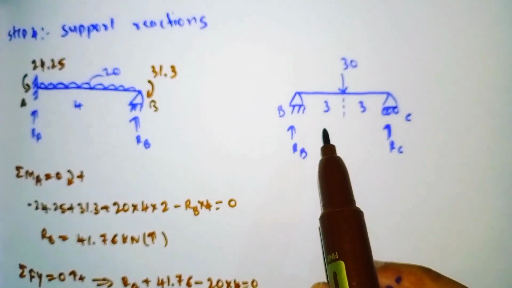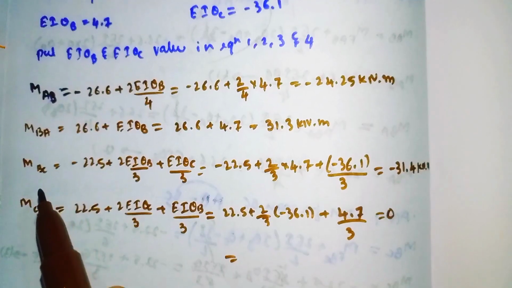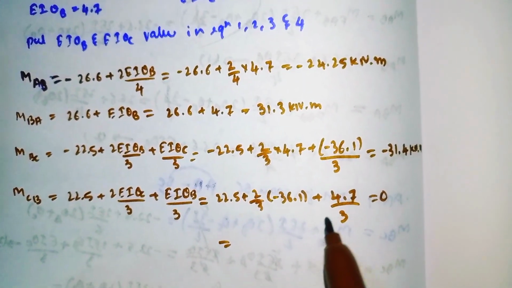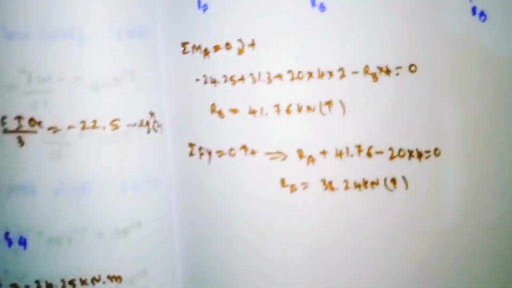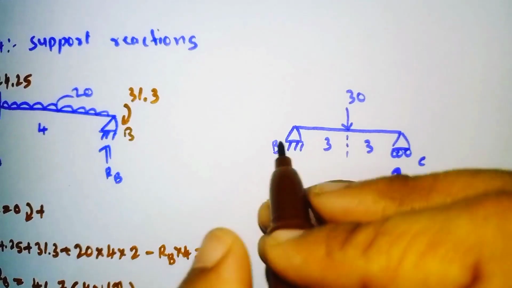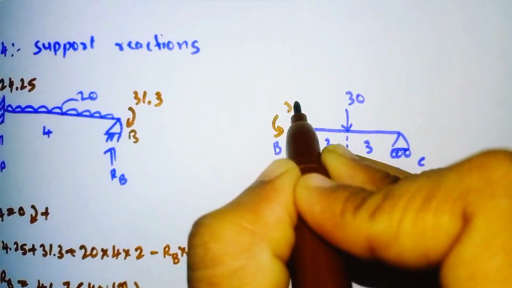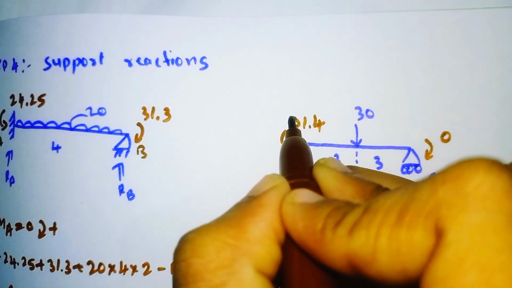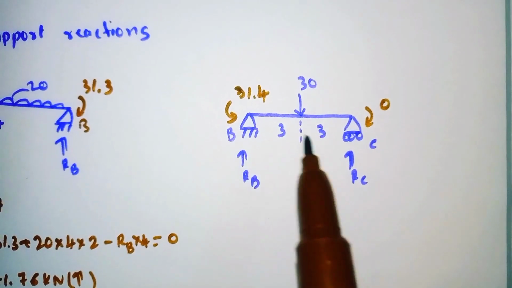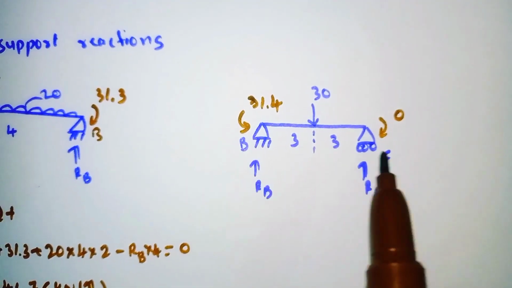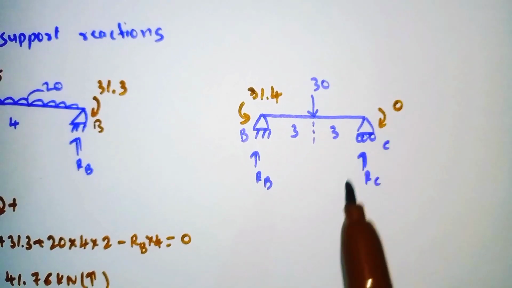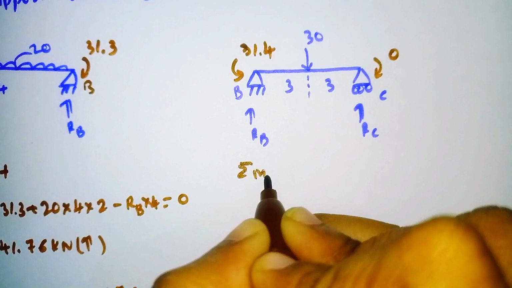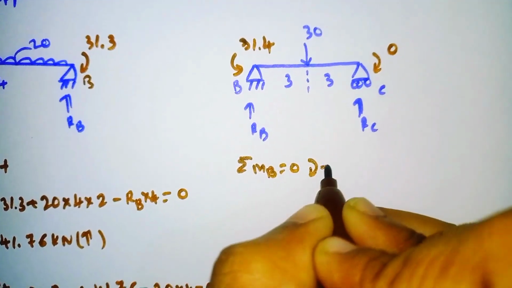Here MBC we got was minus 31.4 and MCB we got was 0. So I will write here minus 31.4 and here 0. So MBC is minus 31.4, it is anti-clockwise, and MCB 0. So now we'll see the summation of moment about B is 0, clockwise positive.